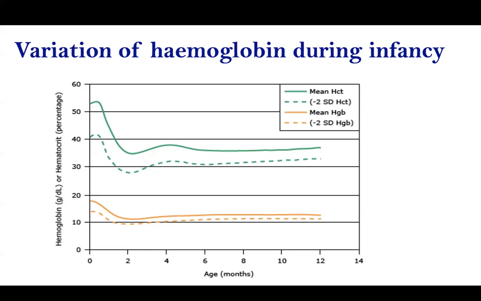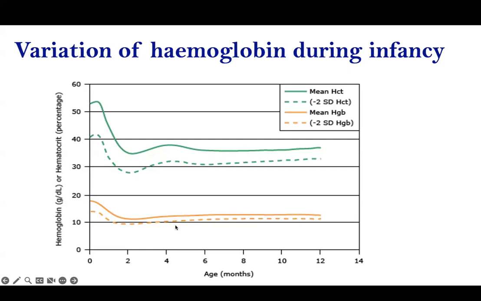But if you happen to see them, and if you happen to see them as pale, you might consider doing a full blood count. But in a child who's less than 6 months, the normal hemoglobin can vary significantly. You see the hemoglobin cutoff, the -2 SD hemoglobin in the orange bar.